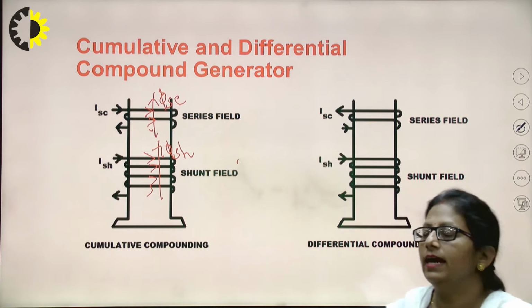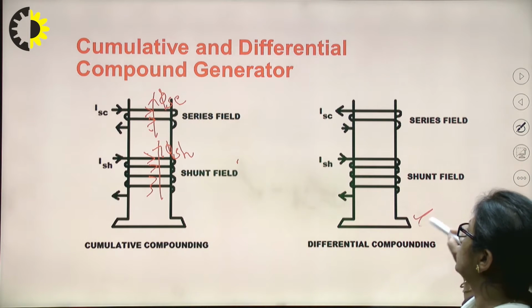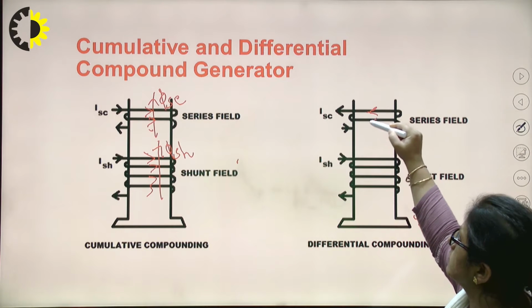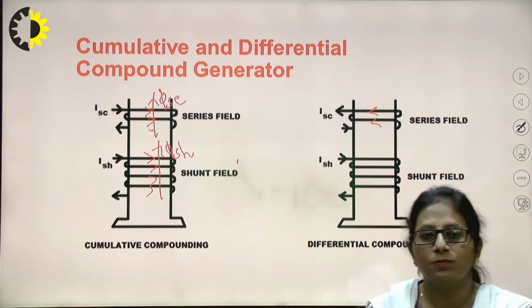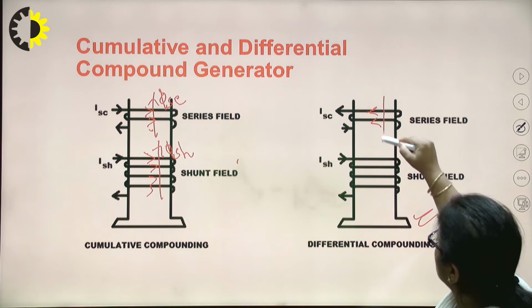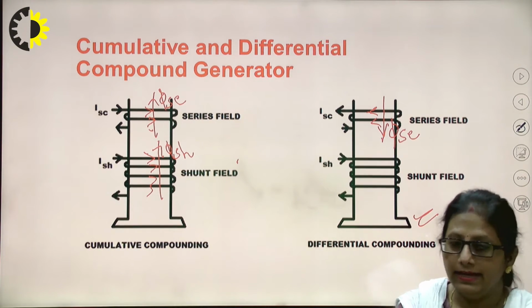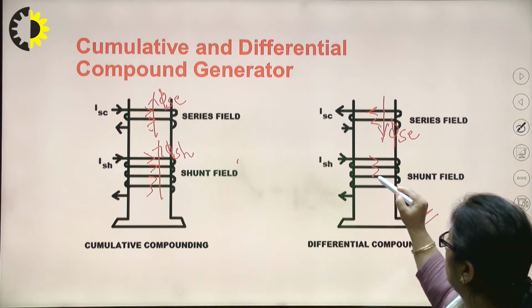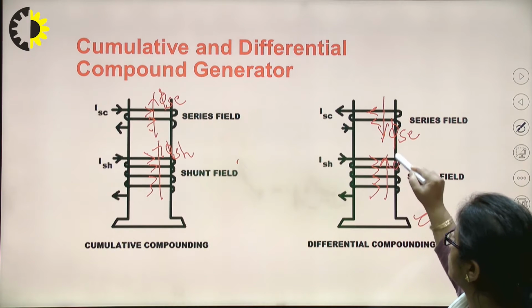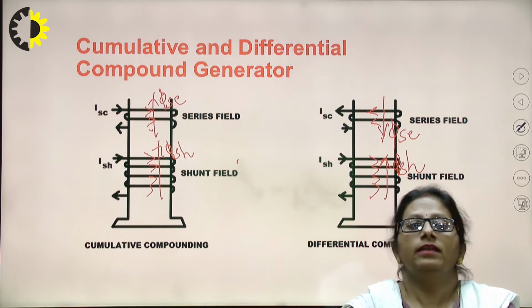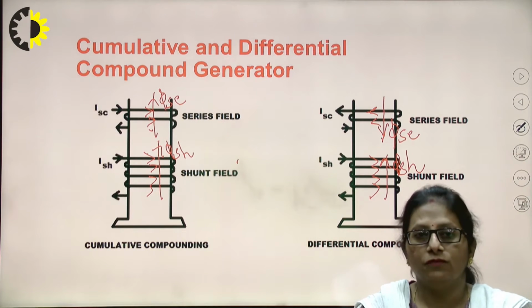Whereas in the other figure, for a differential one, the direction for the series winding is reversed. That means the flux produced would be in the opposite direction, say phi SC, and the flux produced by the shunt field winding would be in the upward direction. So the net flux produced by the generator would be the difference of the two.